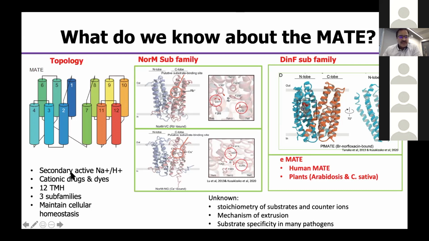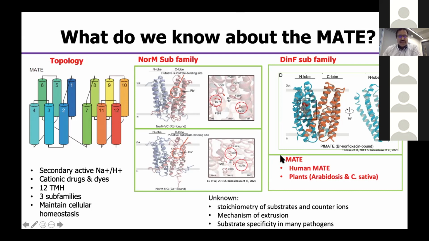These are classified into 3 major subfamilies. One is called the NorM subfamily, which is mainly present in most of the gram-negative organisms, including Neisseria and Vibrio. The second category is DinF, that is the DNA damage inducible family. And the third one is the eukaryotic MATE transporters.